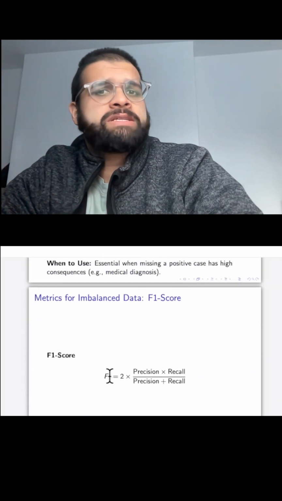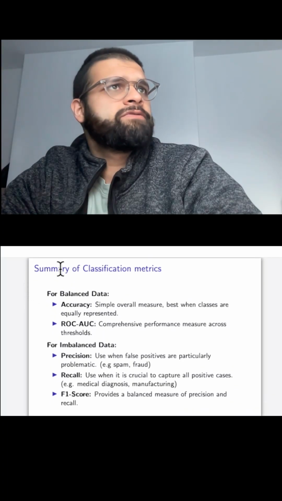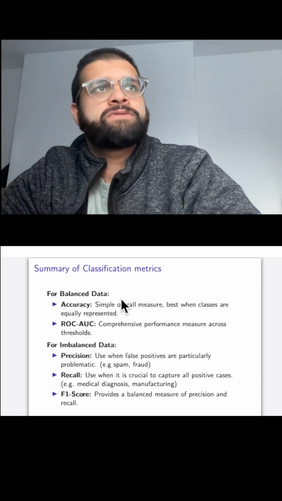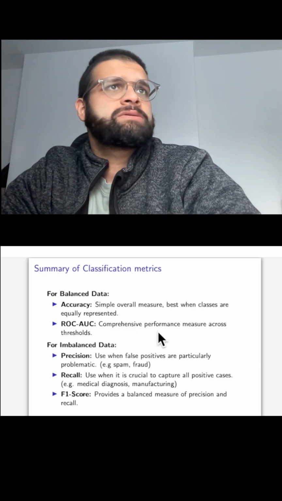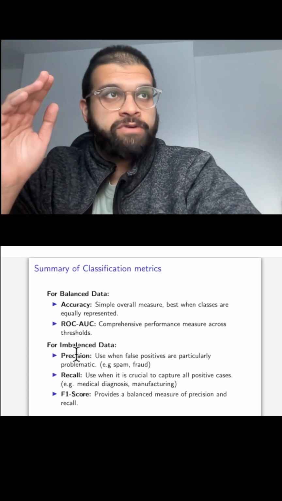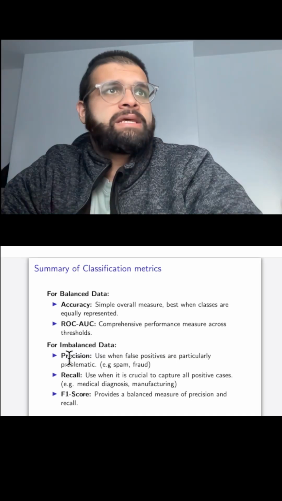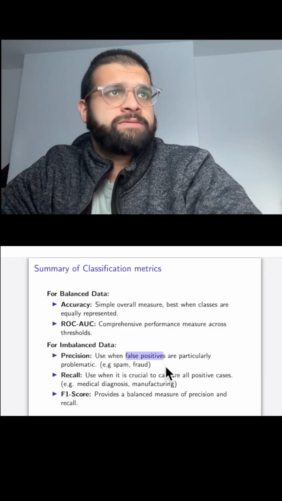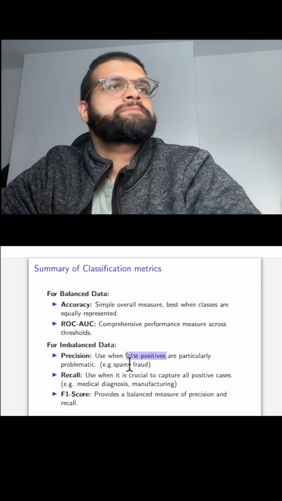That's pretty much everything I wanted to cover, and just to give you a nice summary, here's the final slide. For balanced data, accuracy is very good, it gives an overall measure of performance. ROC AUC is great as well because it measures your performance across all different thresholds. For imbalanced data, precision is very useful if you want to focus on false positives and make sure they're not problematic.